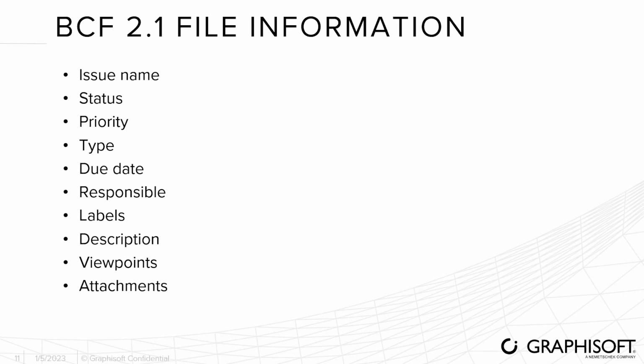And when is the due date of this issue need to be closed by? And who will be responsible? And labels. So for labels, in this case, is like which discipline does this issue belong to? Can be MEP, structural, or architectural. And then you can add in your description or comments, and also viewpoints and attachments such as markups.